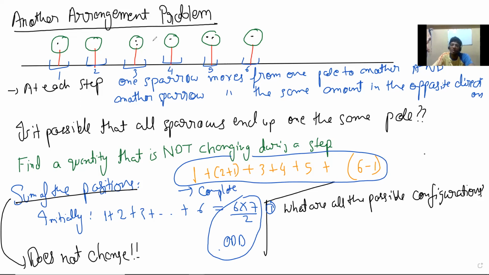Because we don't know which pole, but whatever pole they are at, the sum will be k times 6. Each sparrow is at the same kth pole, so it will be k times 6. That's an even number, but then it's an odd number.